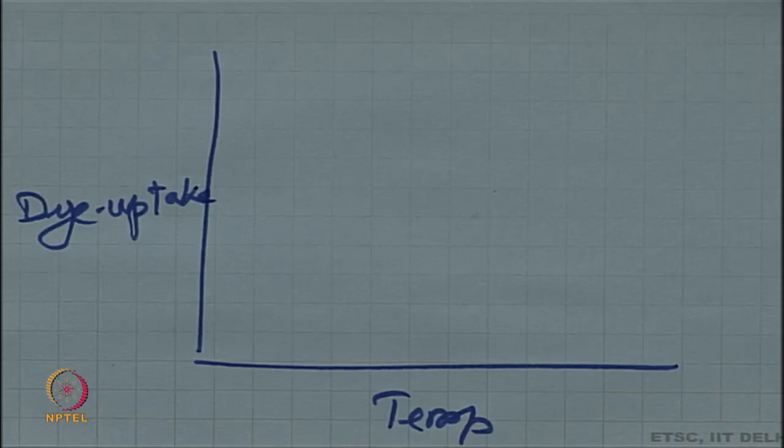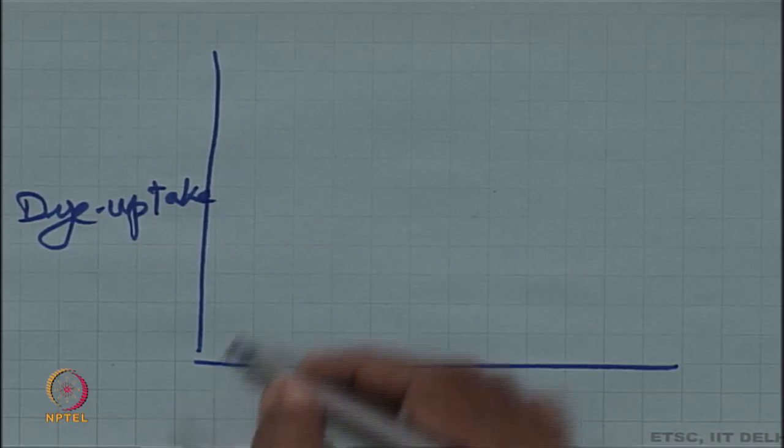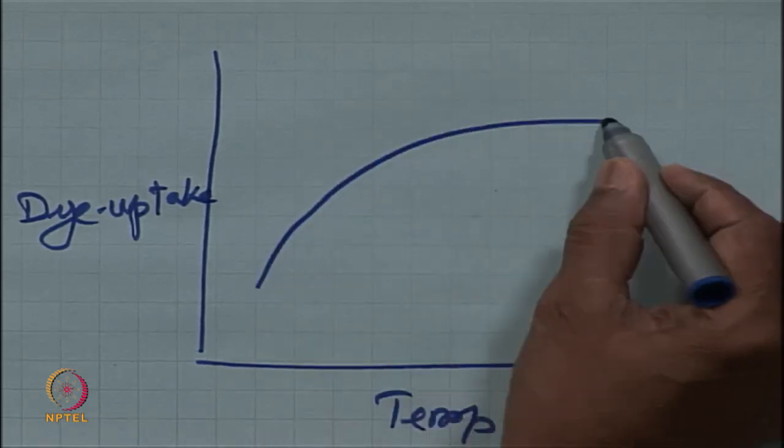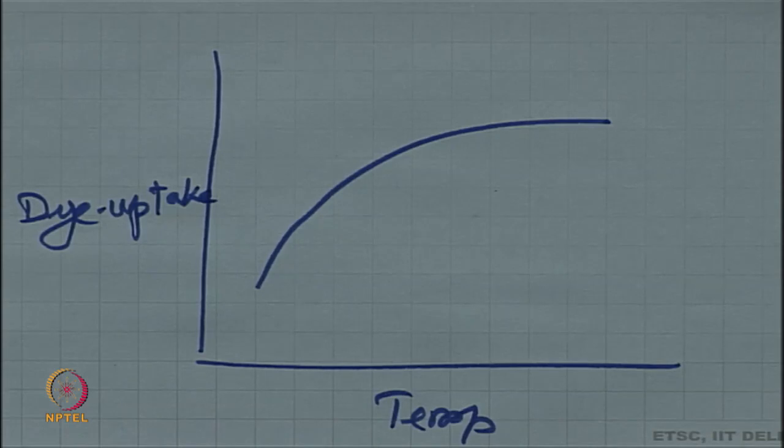What type of curve are we expecting? Increasing and stable. Increasing and stable. Okay. Anybody else? Let us have some kind of a discussion. We have 2 more minutes to go.